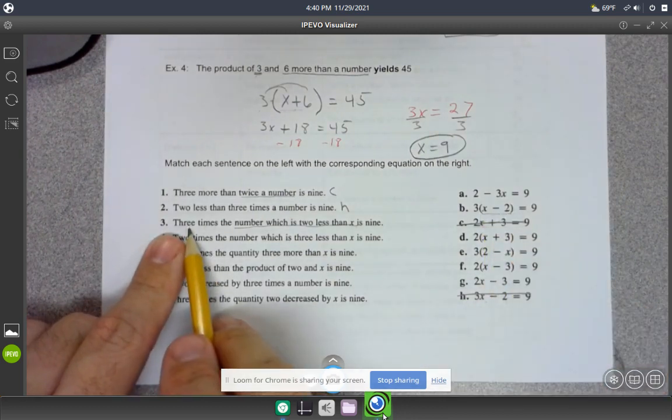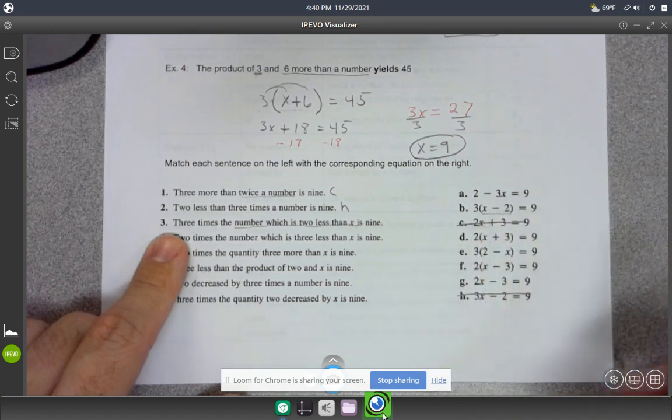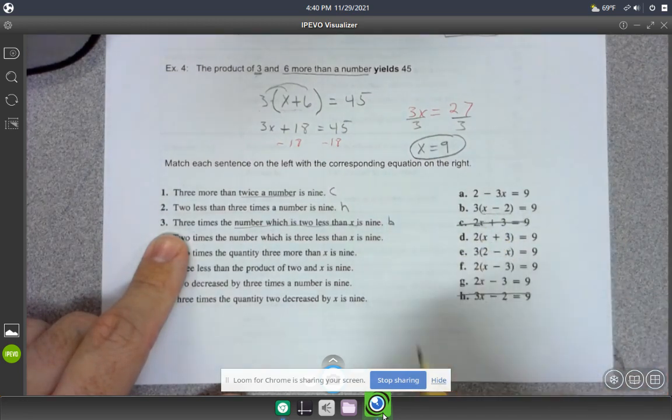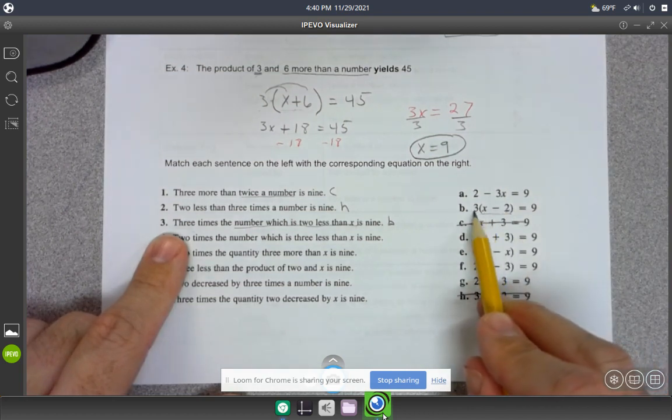And I'm wanting to do 3 times that. All right, so 3 multiplied by the number which is 2 less than x. Oh my gosh, the way they word this is crazy. Yeah, that's going to be option B. So 2 less than x, and I'm doing 3 times that.